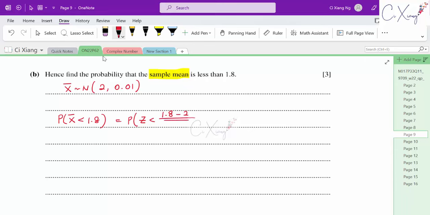So I divide by square root of 0.01. Then we find the value of Z, which is -2.